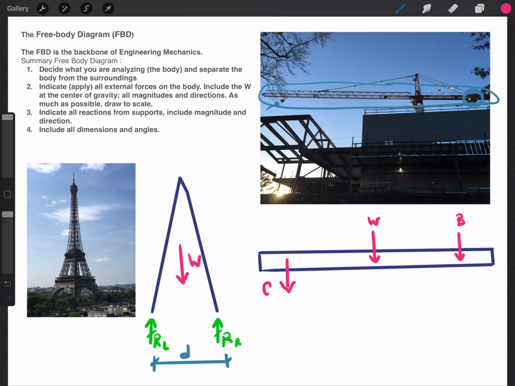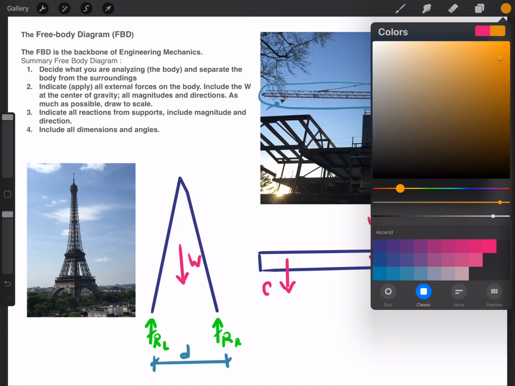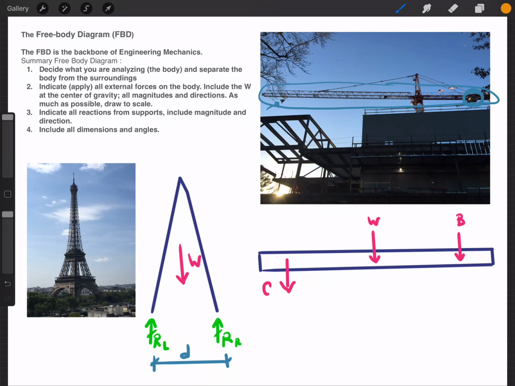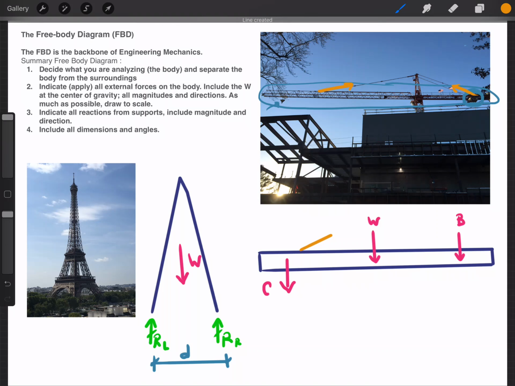There's our ballast. We also have these cables that are pulling on our member. Let's pick a different color for those. So here and here, you can see we have cables that will be pulling in tension on the boom. My angle is a little bit steep there, so we try to draw this to scale.